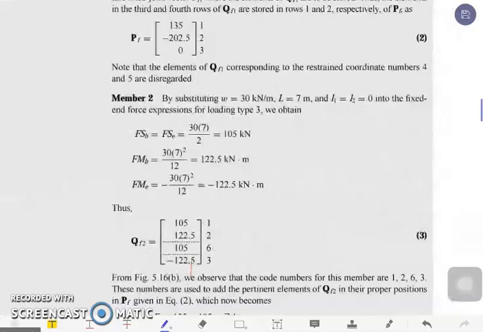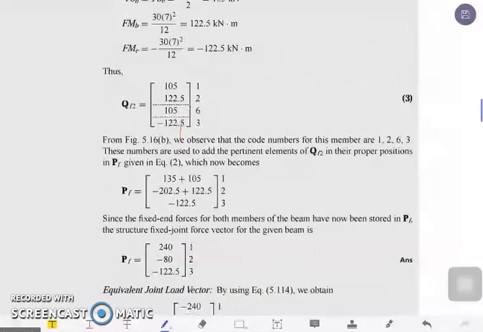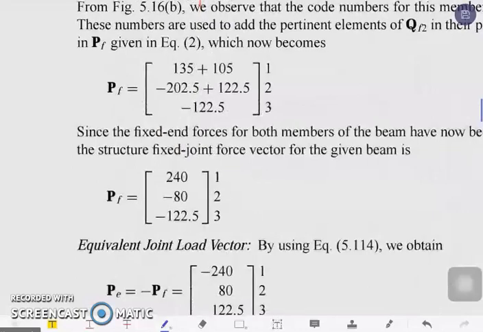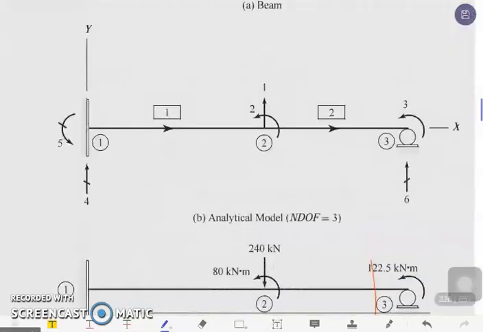Now after that, you could identify the value for our P sub F. For the structure, we're going to assemble our structure fixed joint force vector, which is our P sub F. Since, if we observe, there are 3 degrees of freedom, there are also 3 P sub F values.